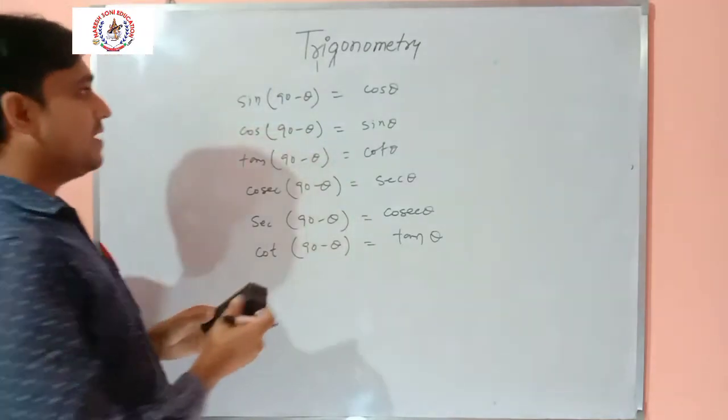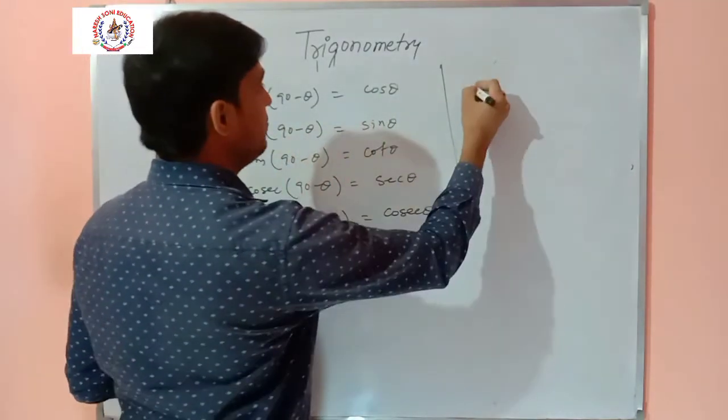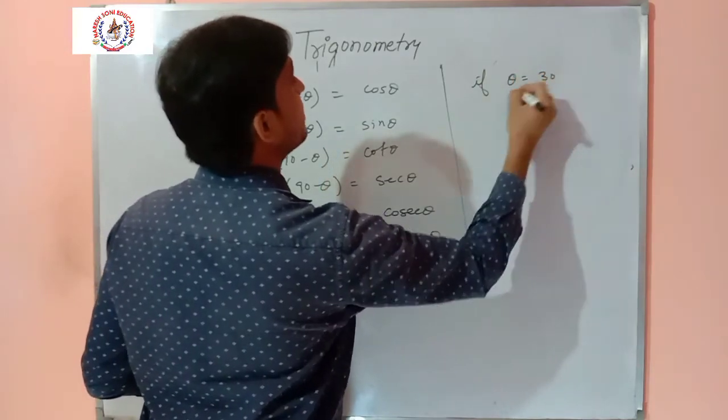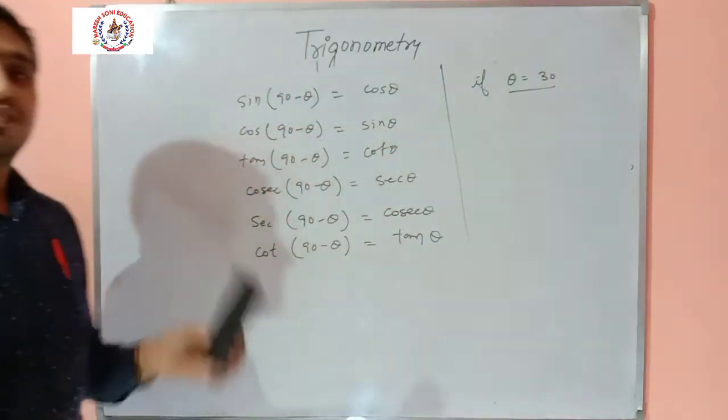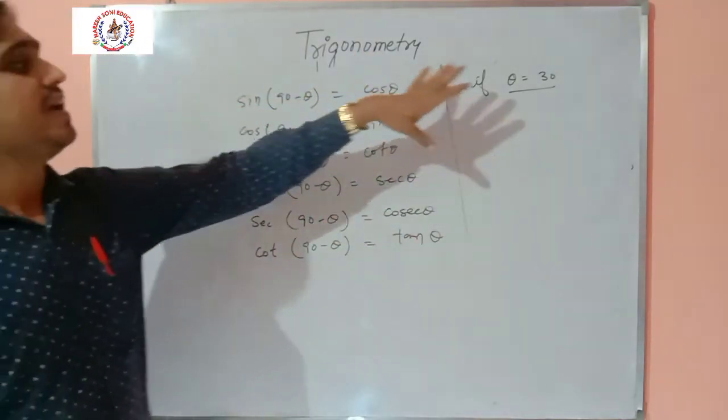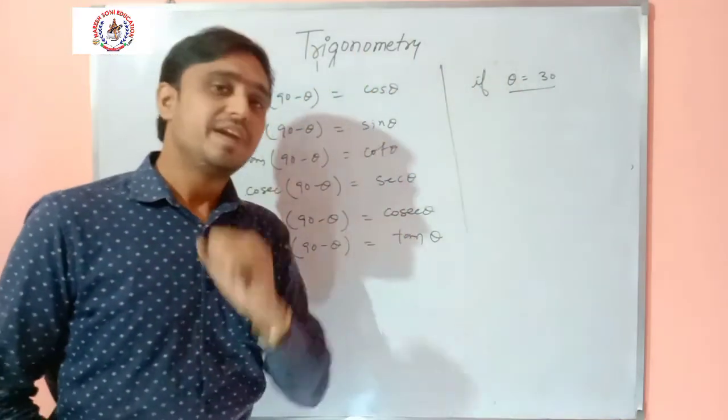We can verify these identities with an example, if theta is 30 degrees.